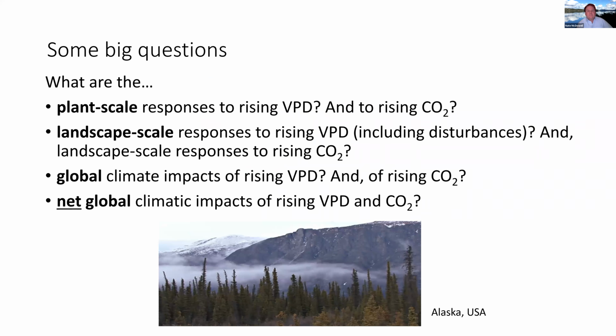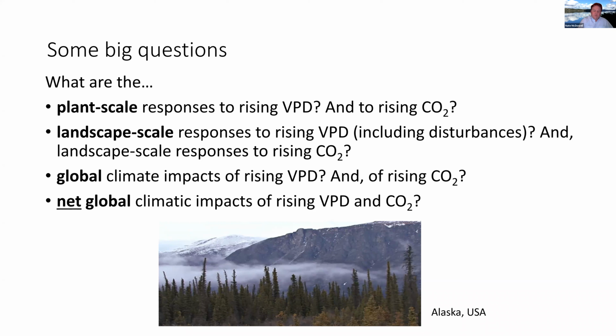So some big questions emerge from this. What are the plant scale responses to rising VPD and rising CO2, both independently and together? What are the landscape scale responses to these factors? And this would be heavily including the role of disturbances, which affect things like leaf area, stomatal conductance.